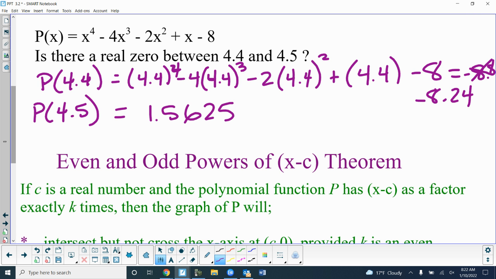It says, is there a real zero between 4.4 and 4.5? If we think about this, here's 4.4 and here's 4.5 on our x-axis. At 4.4, where's the point, above or below the x-axis?